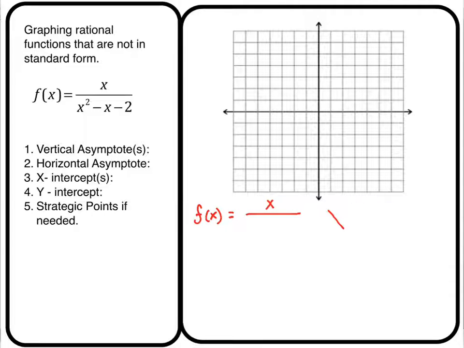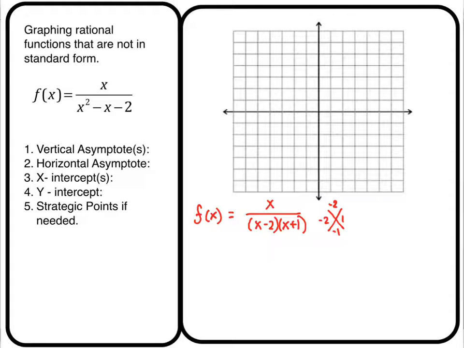Since it's quadratic, I need to ask what is going to multiply to -2 and add to -1. Those are -2 and +1. So on the bottom, I have something that is going to look like this.